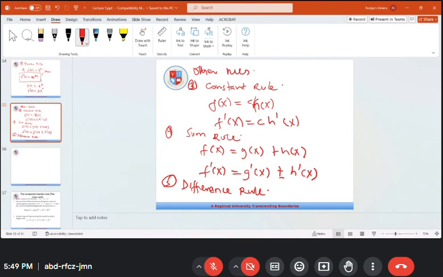Actually, you'll realize as I start talking about other functions, they are still the same rules. Okay. So we also talked about advanced rules.